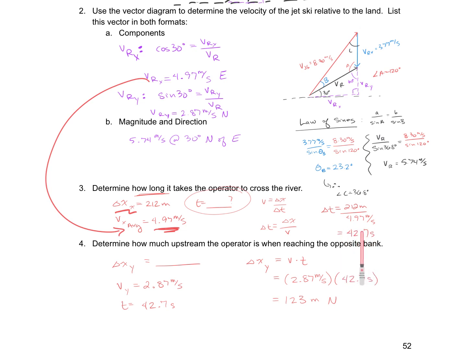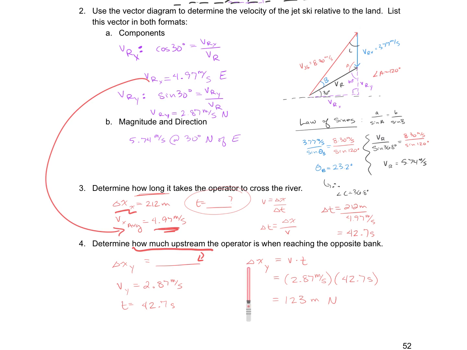And since it's traveling with both an x and a y component, and we know the y velocity is 2.87 meters per second, now we're going to substitute the question of how much upstream. That's a question of displacement. So this is the part that is unknown. This is your unknown, is the displacement in the y direction. How far upstream is he?